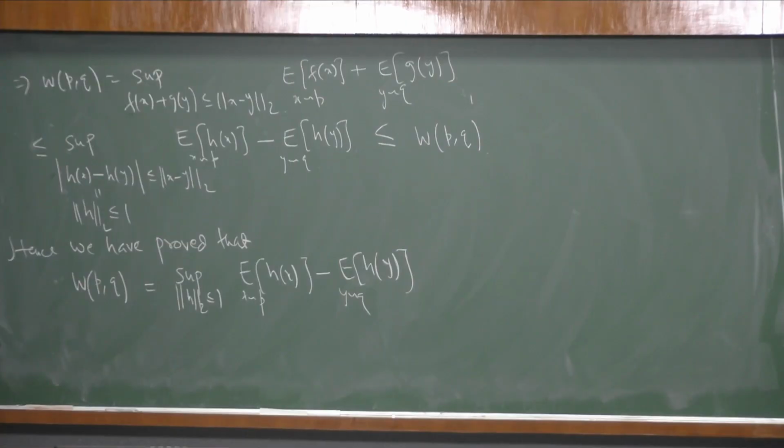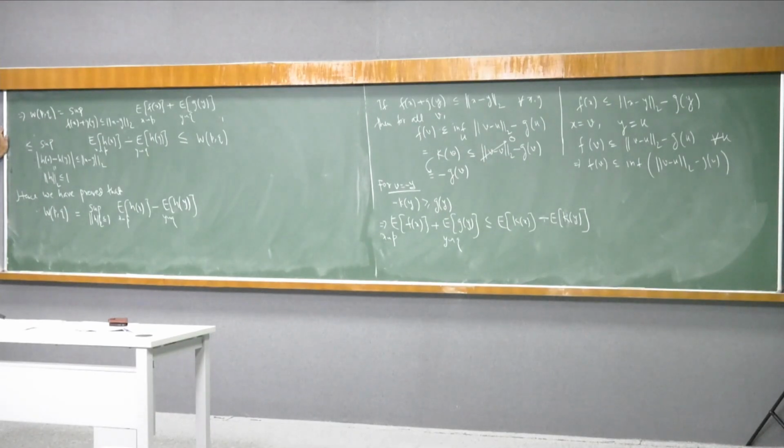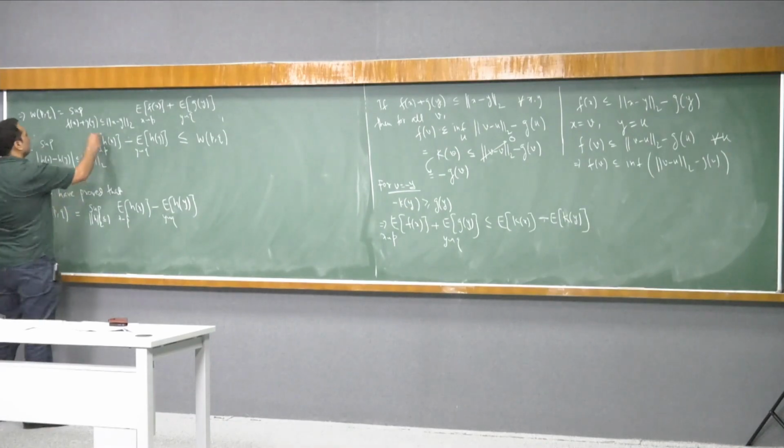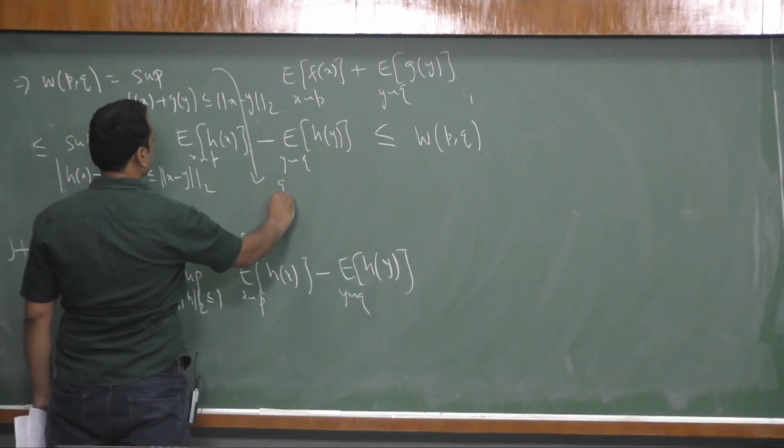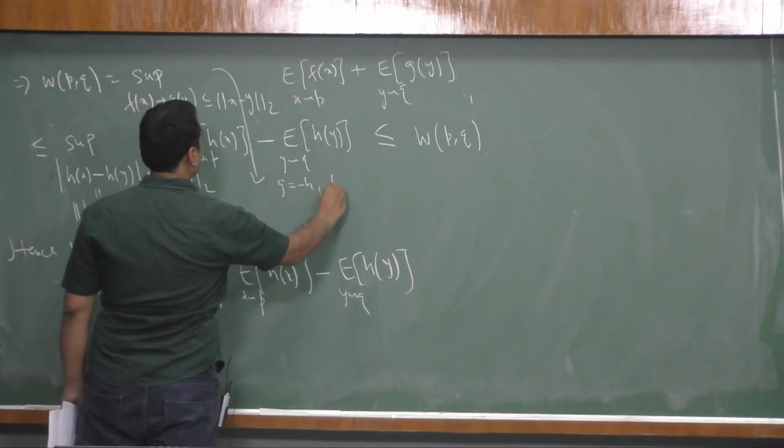Two special cases, I mean, I can take g to be minus h, I agree. There is no restriction on that, and from here I can instantiate this by saying let me take g is minus h and f is h.